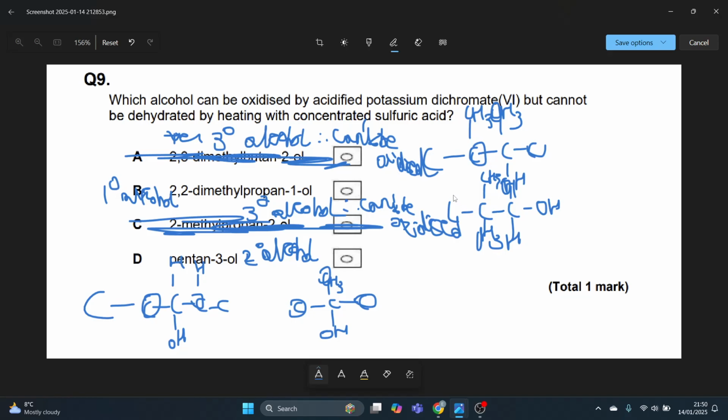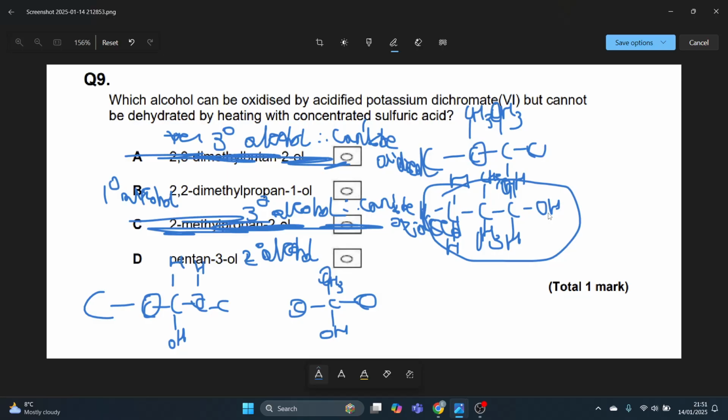Well, if you look at 2,2-dimethylpropan-1-ol, filling the hydrogens, why not? So, oxidized but cannot be dehydrated with concentrated sulfuric acid.